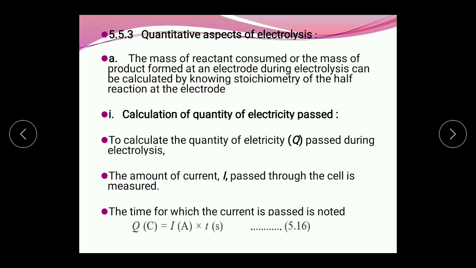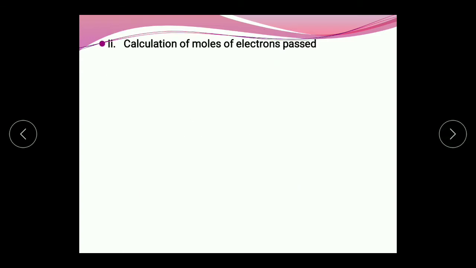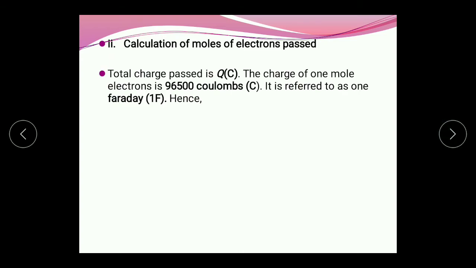Now, the second step is calculation of moles of electrons passed. The total charge passed is Q coulombs, that is equal to I into t, we know. But the charge of 1 mole of electrons is 96,500 coulombs, and it is referred to as 1 Faraday. This factor is given by Faraday.